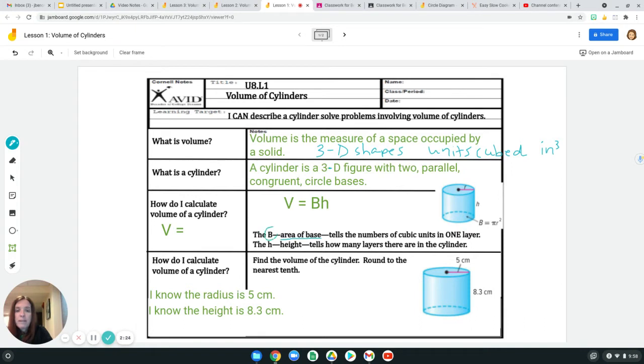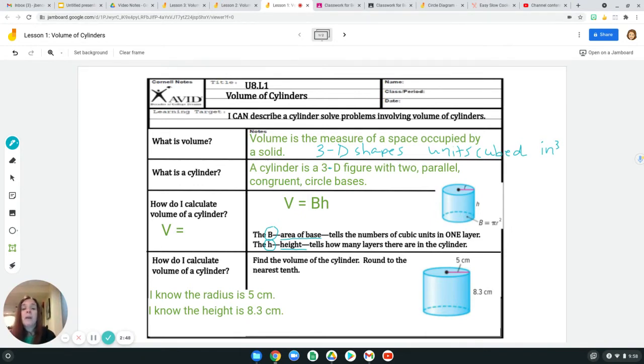Capital B is area of the base, and that tells the number of cubic units in one layer on your base layer. And then H stands for the height, and that tells us how many layers there are. So we have to multiply by the number of layers. So we find the area of the one layer and multiply then by how many layers that we have.